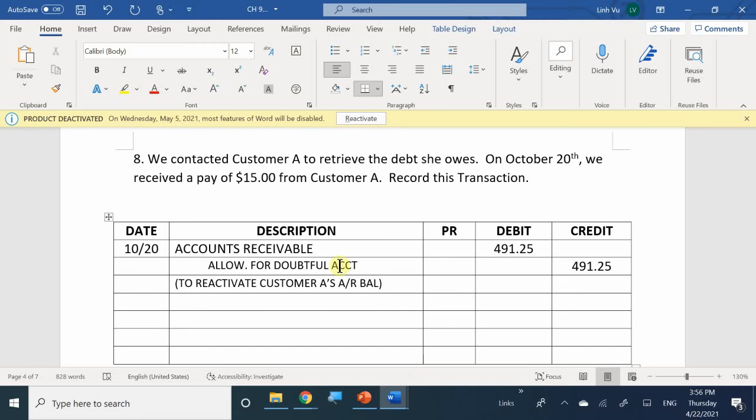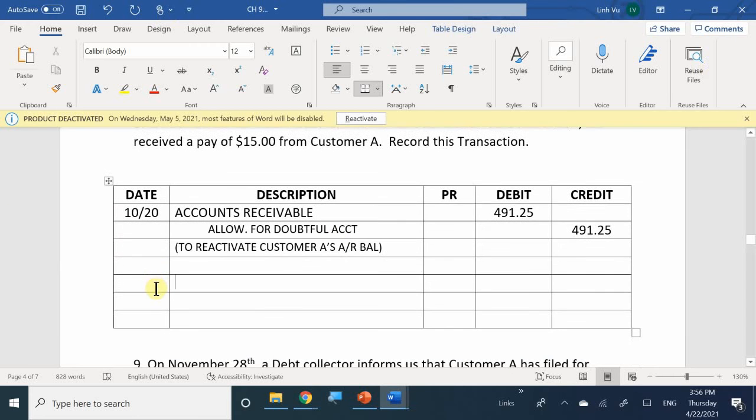Okay, so now we can recognize the payment, because now we actually have something that she owes us and we have the amount that we can take away from. So in this case, what am I going to be recognizing in my journal? Checking. Checking for $15. And what else are we going to be decreasing?